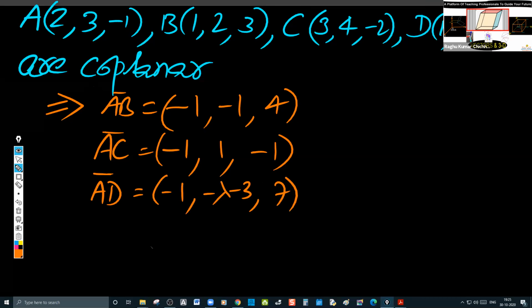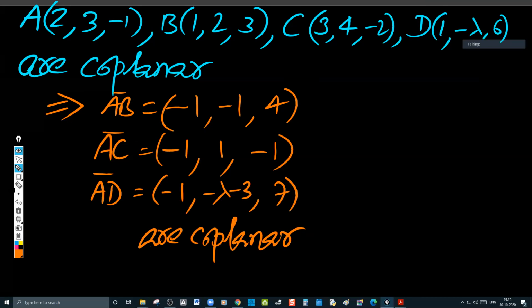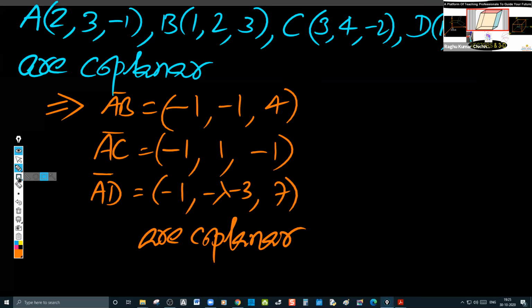When 4 points are coplanar, their corresponding vectors are also coplanar. Correct, no, Pranit? Now, what is to be done? You have to simply find out the determinant of this. Come on, let us find out the determinant. You also work out along with me.